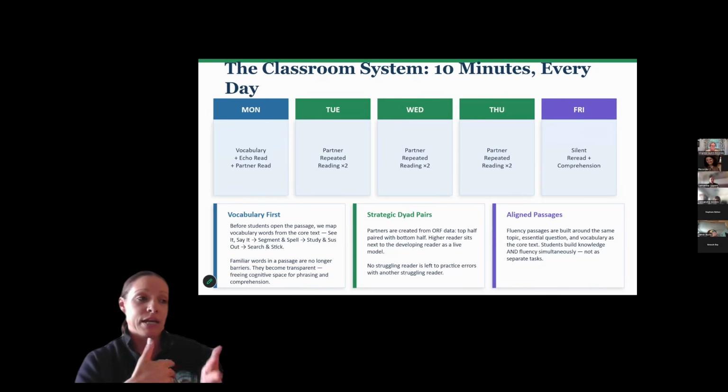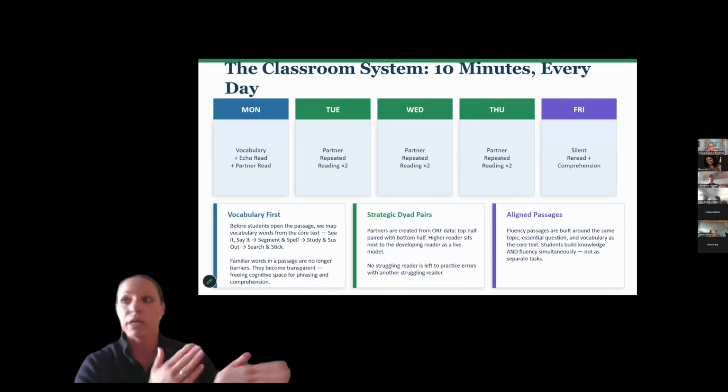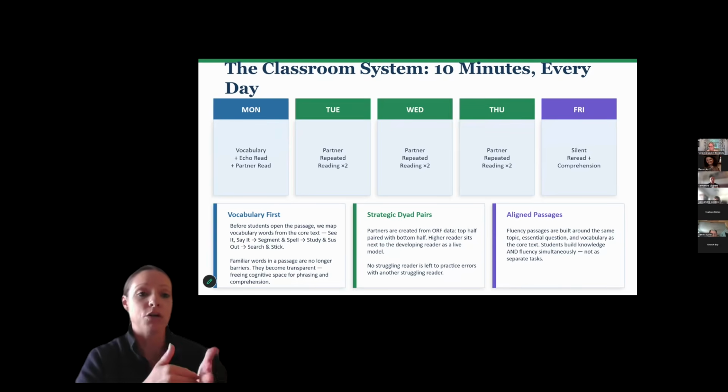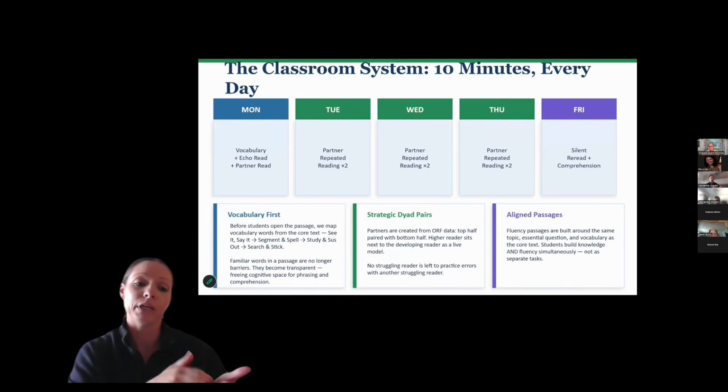Every week it looked identical. We started it out at the beginning of the year, and we made this basically a non-negotiable part of our reading block. On Mondays, we always started with our vocabulary, and we would introduce the words. We would make sure that they were saying the words, and they learned how to spell the words.